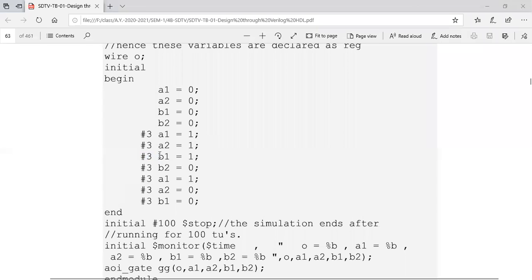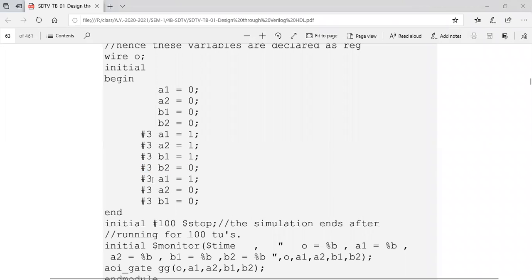After 3 seconds, I make B1 as 1. At that point A1 is 1, A2 is 1, B1 is 1, and B2 is 0 only up to that point of time. I run this for 3 nanoseconds, and after 3 seconds, I make B2 as 0.